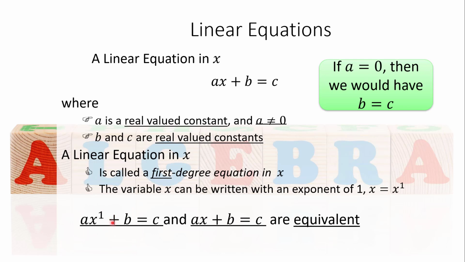This one, since there is no variable, is a term of degree 0. And this right here is also a term of degree 0. So since this equation has 3 terms in it, and the term of highest degree is 1, we say that this is a first degree equation.